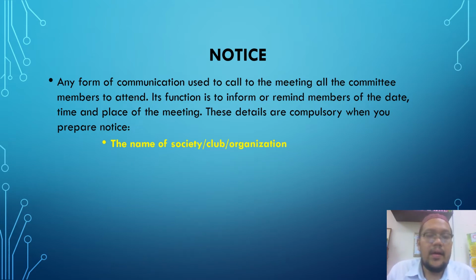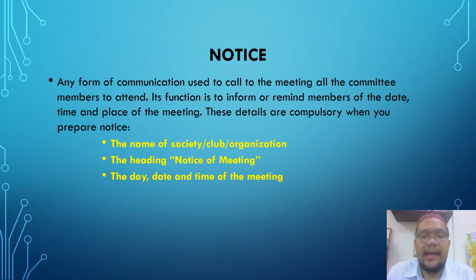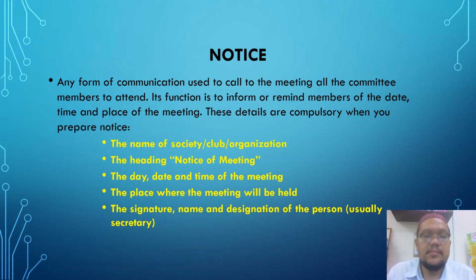What you need to put apart from that is the name of the society, club, or organization. The heading must say notice of meeting. The day, date, and time of the meeting. The place where the meeting will be held.